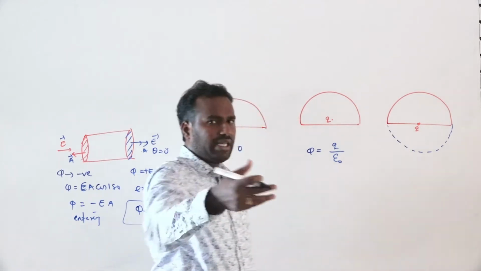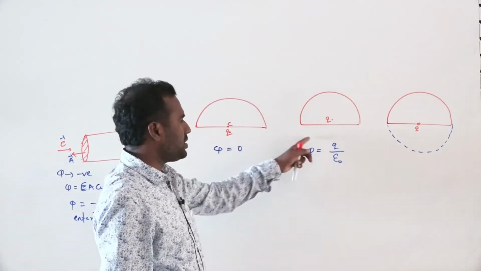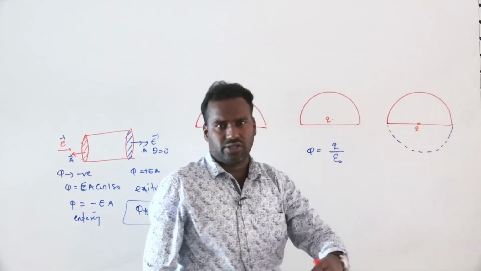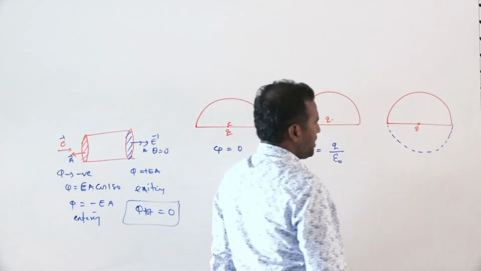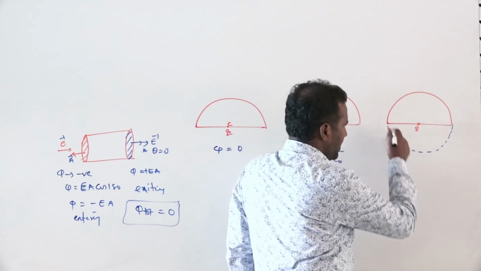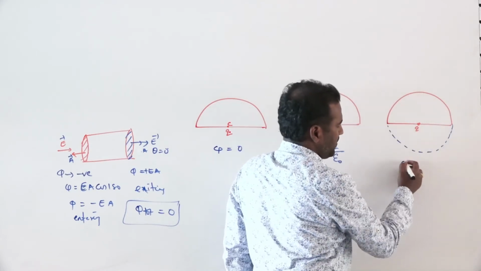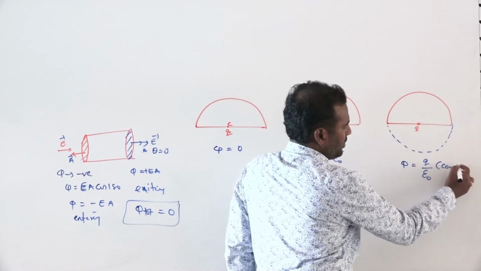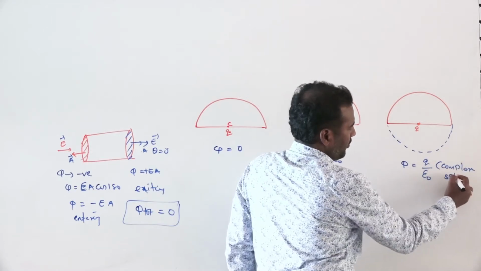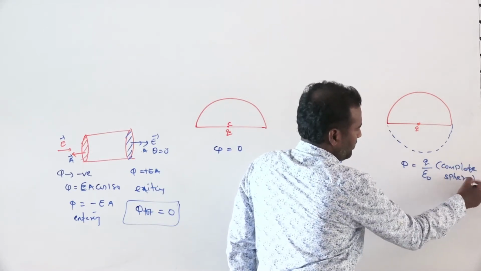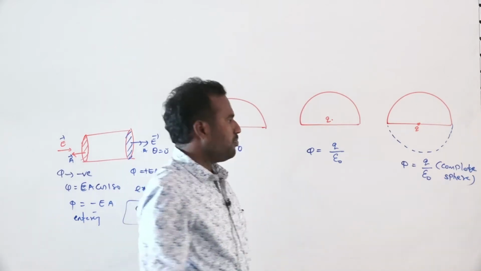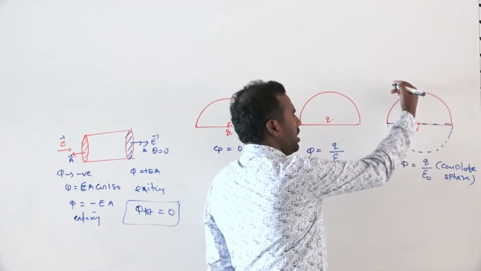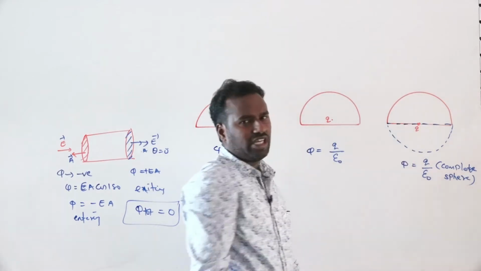I am going to discuss in Gauss law why we should close. In these two cases you have analyzed it anyhow, and the third condition, why we should close, comes in Gauss law. So when we close over here, then the flux for a complete sphere is Q by epsilon naught. But here two hemispheres are present, one is the upper half and the other the lower half hemisphere.